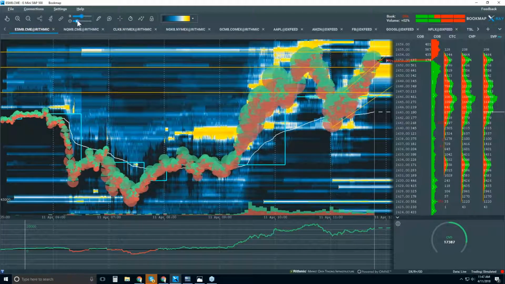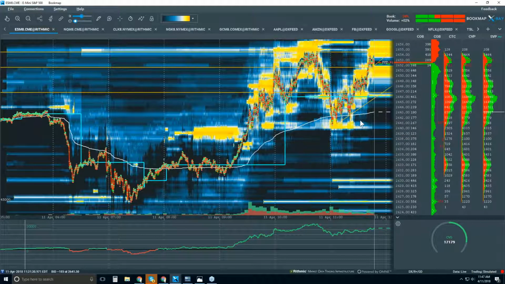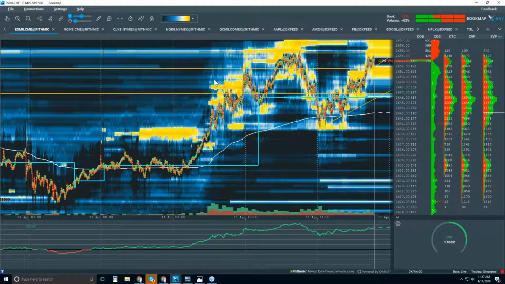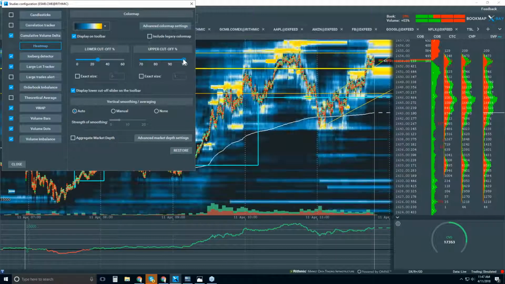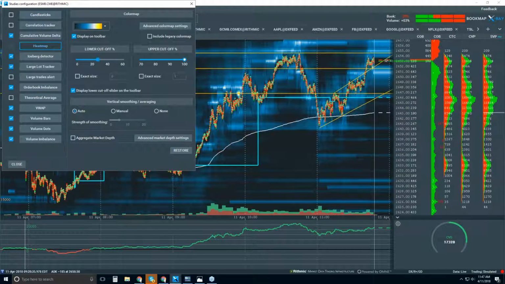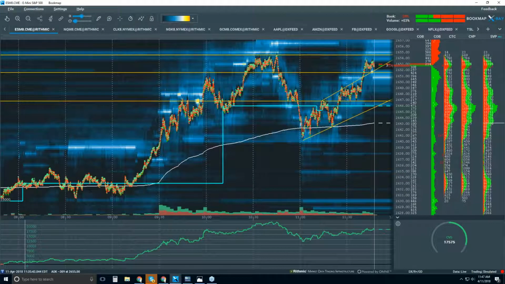Okay, there we go. So bigger picture here, yep, still a lot of liquidity up here at 55. Yeah, 55, and then maybe 57 as well.